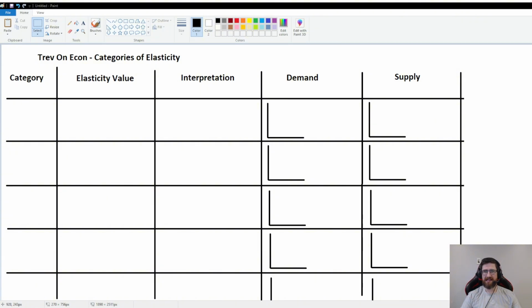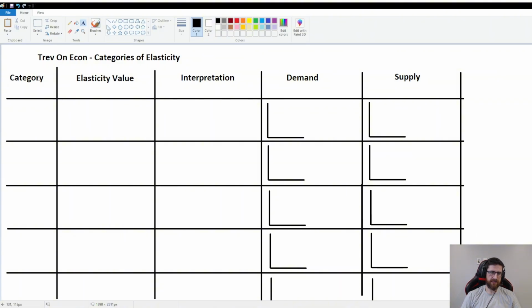Like I mentioned last time, slope and elasticity are not the same thing. So these are not true representations, but they're a pretty good indicator that if you're this type of elasticity, your graph probably looks something along these lines. Again, this is from a beginner, introductory lens, so we're leaving out a bit of nuance that comes at higher levels.